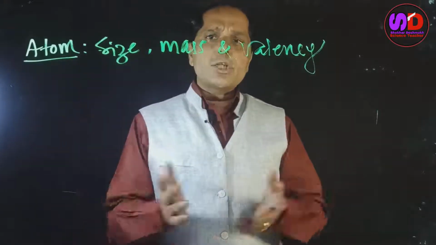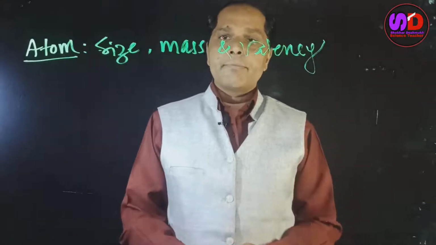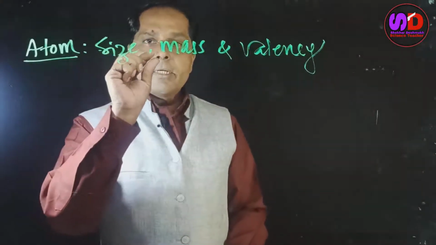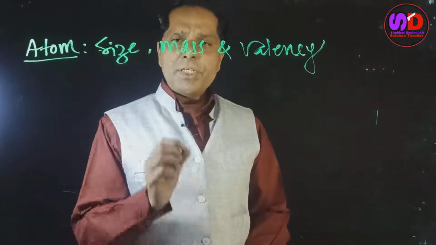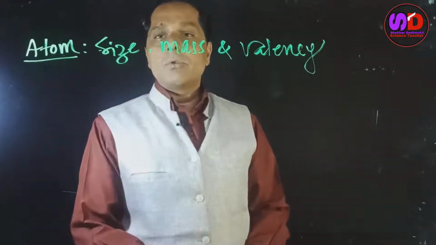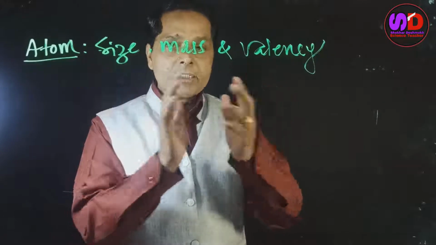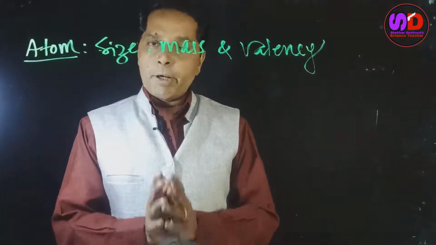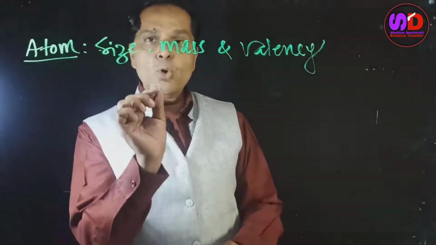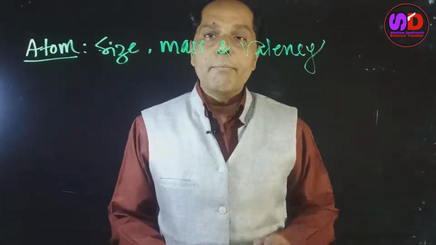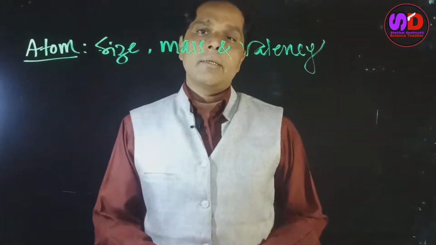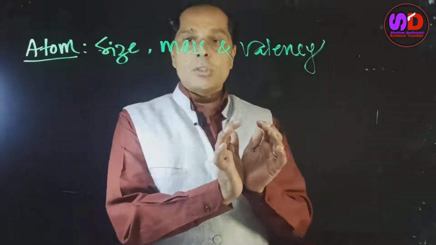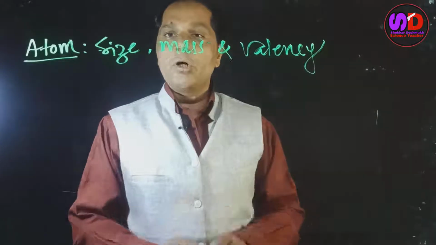So what is the structure of the atom actually? The atom has a massive nucleus. The entire mass of the atom is concentrated in the nucleus because of the presence of protons and neutrons, which are massive particles. These two are called nucleons.